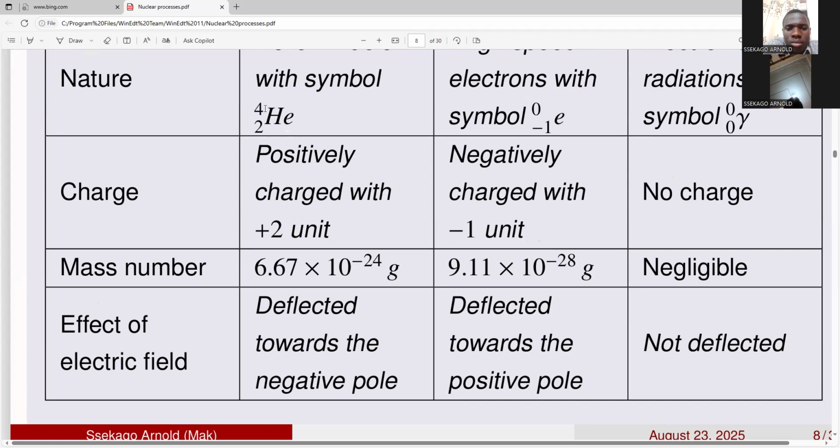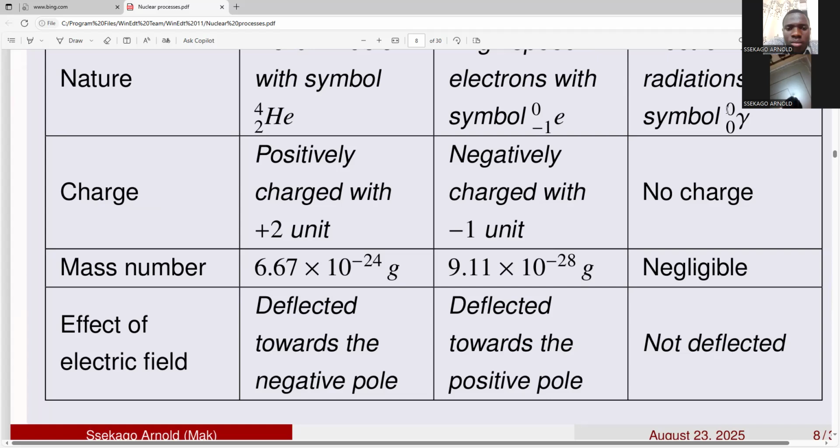Mass number is the same as the atomic mass. They have atomic mass 4. If you use the concept of the periodic table, electrons with this symbolic representation have atomic mass 0. And the gamma rays, with this symbolic representation, have atomic mass 0.